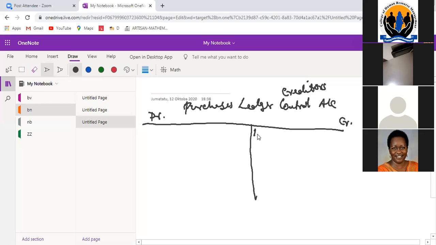But first of all, it must start with balance brought down. If you are given to record it on both sides, this one is always going to be higher than this one.